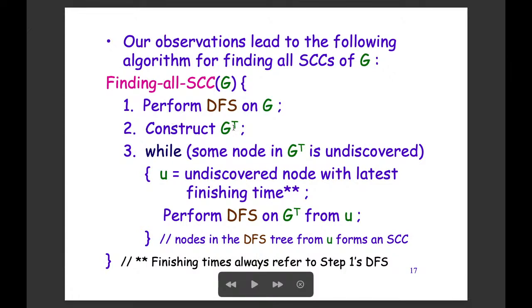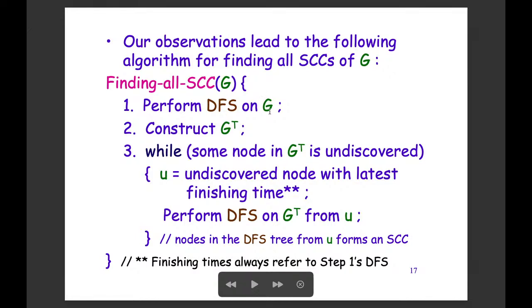Now how about the construction of the transpose of G? Although we mentioned that the transpose is related to the transpose of the adjacency matrix, we are not going to use adjacency matrix as our representation. We are using adjacency list. So the transpose can be easily obtained by looking at each edge in the graph G. Let's say there's an edge UV.